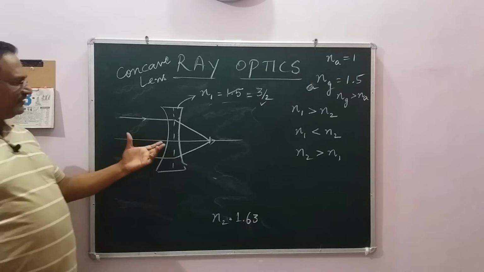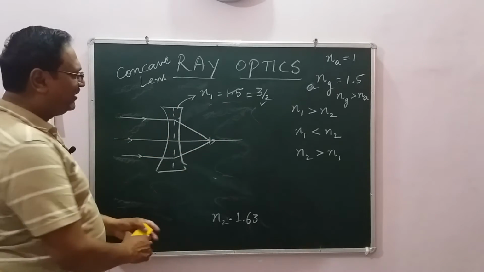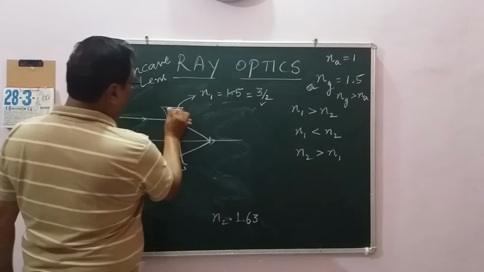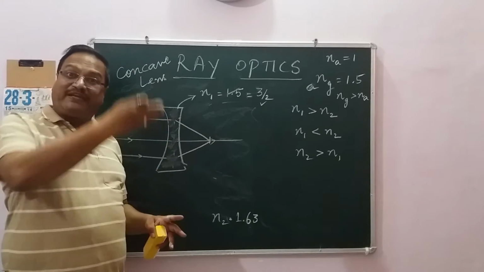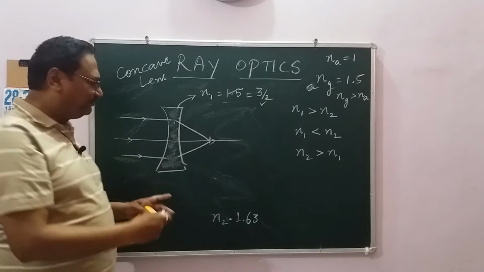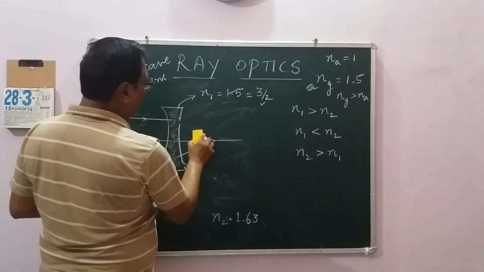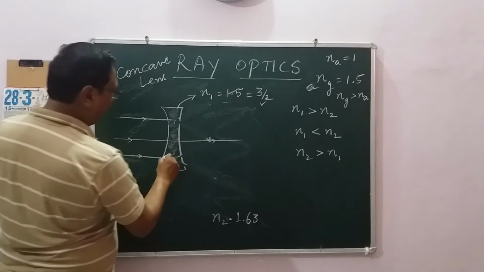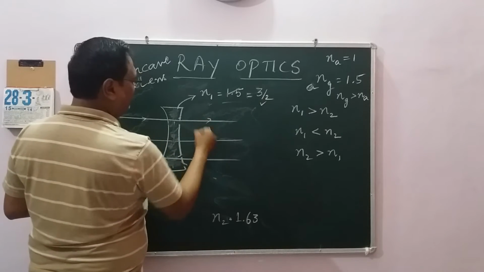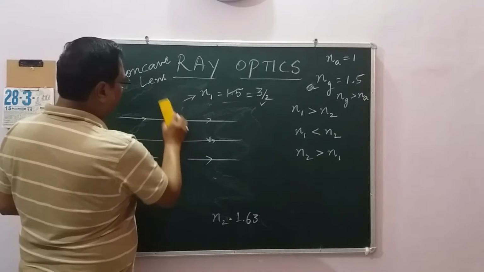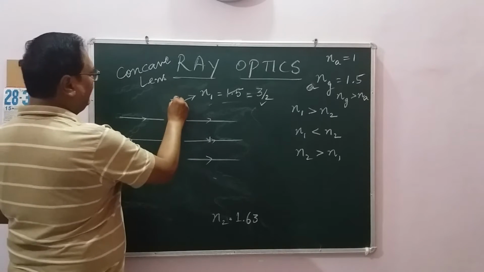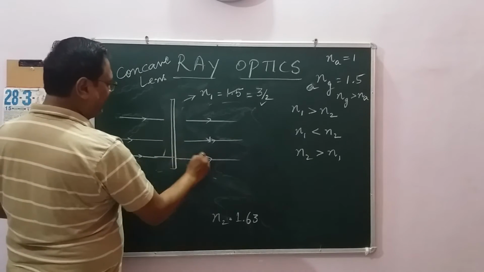Now, you tell me the last point here. If the whole lens should become invisible or should behave like a plate, that means the rays should pass without deviation. How is it possible without deviation? The lens should behave like a plate.